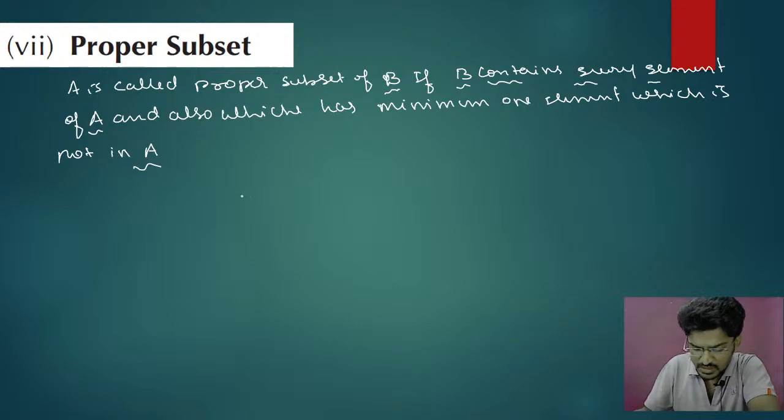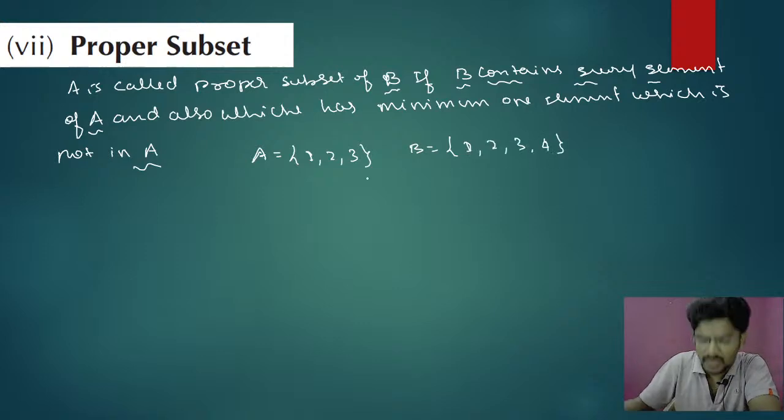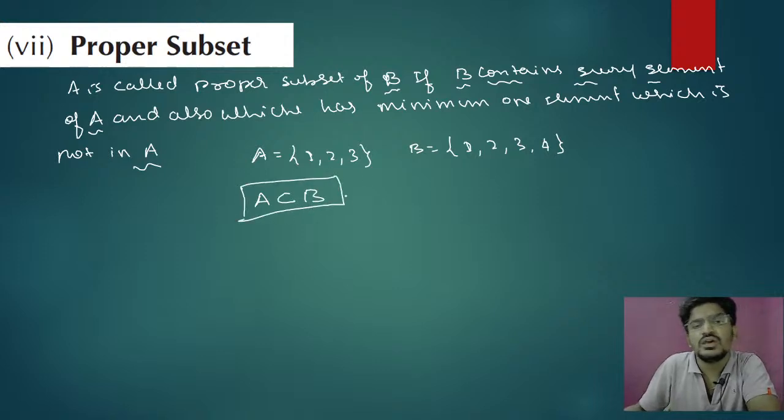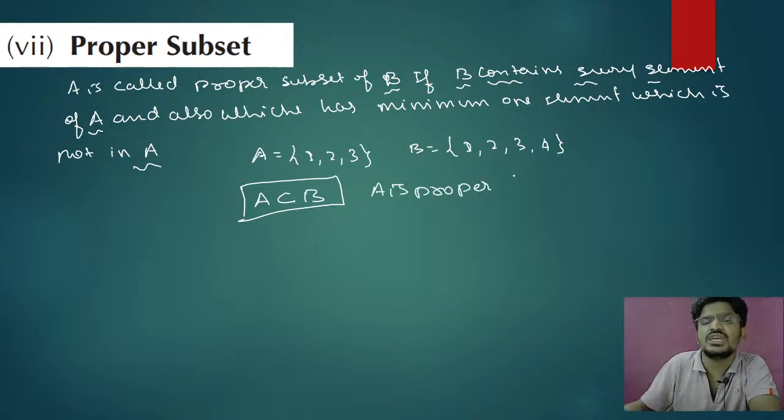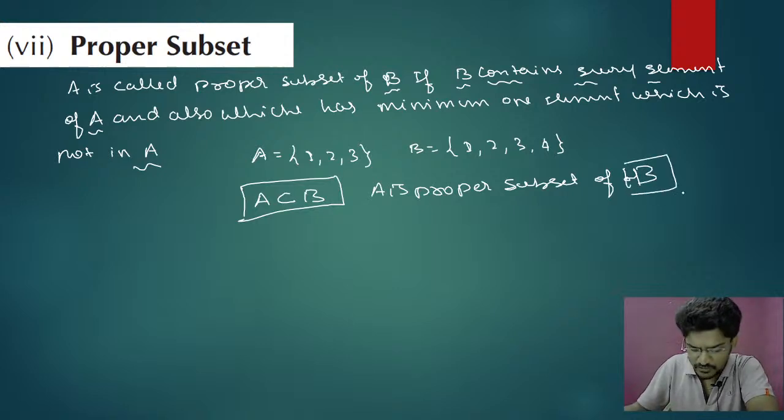What it means, you just see here. A has 1, 2, 3. B has 1, 2, 3, 4. Now you can tell that A is a subset of B. Still more, you can say A is a proper subset of B. Why?